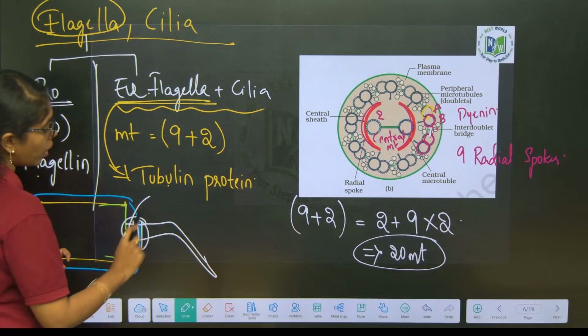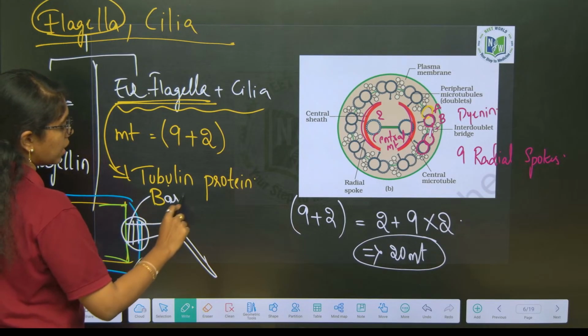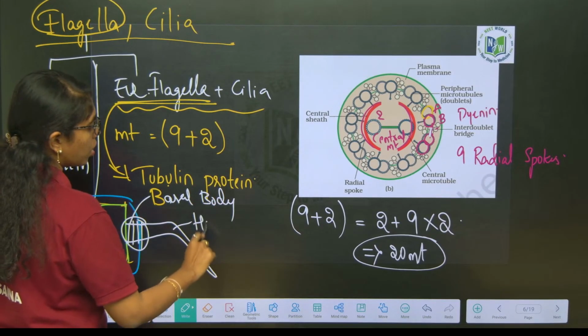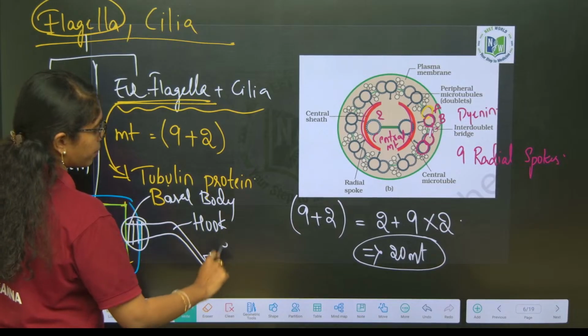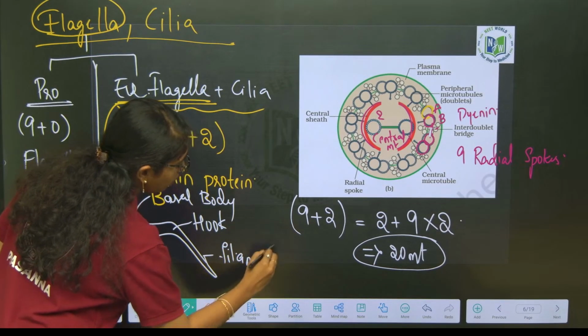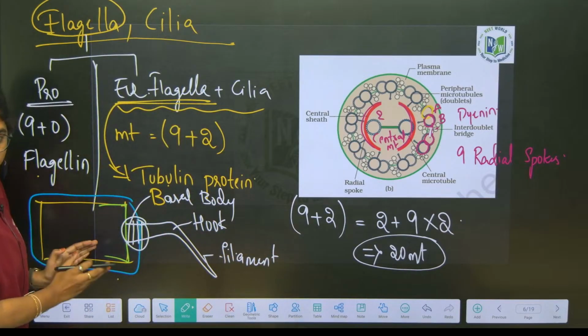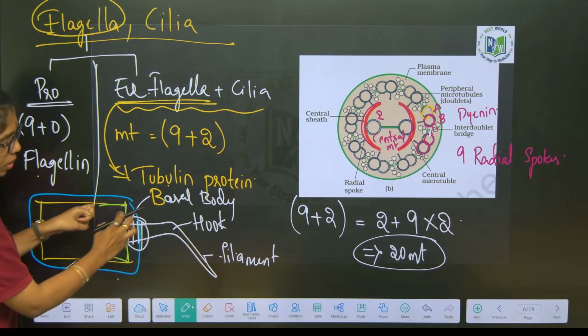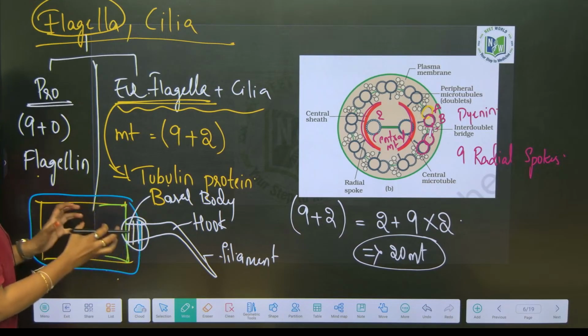They are having what? Basal body. It is present in the basal body. And this is hook filament. Basal body is attached to the cell membrane by centrioles. Okay, with the help of centrioles only, basal body is attached to the cell membrane and cell wall.